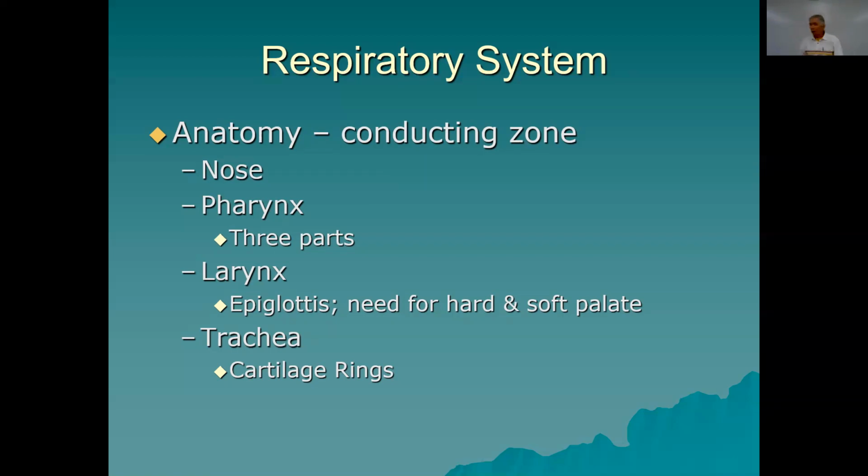And there's three big parts: the nasopharynx, the oropharynx in the back of your mouth, and the laryngopharynx, which is just dorsal or posterior to the larynx. And this is an important area for what I'm doing right now, for vocalizing.